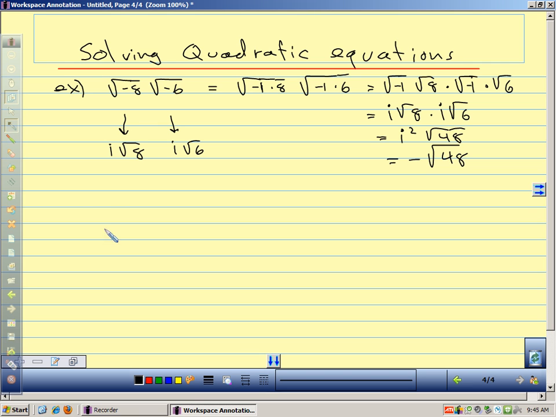So I just want to do one quick example of solving, just to show you what this lets us do and kind of point us in the direction that we're going with this. If we want to solve x squared plus 9 equals 0.